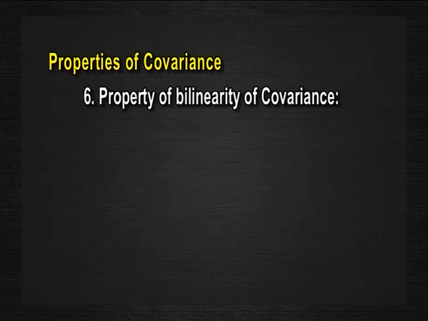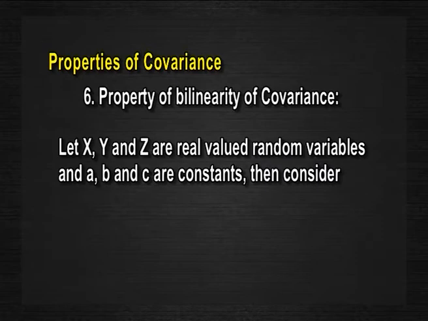Let us prove the property of bilinearity of covariance. Let X, Y and Z be real valued random variables and let a, b and c be constants.